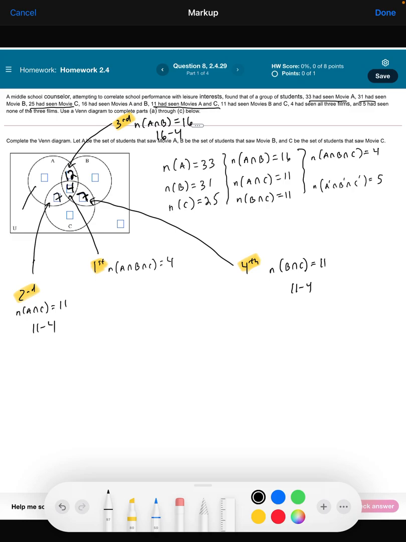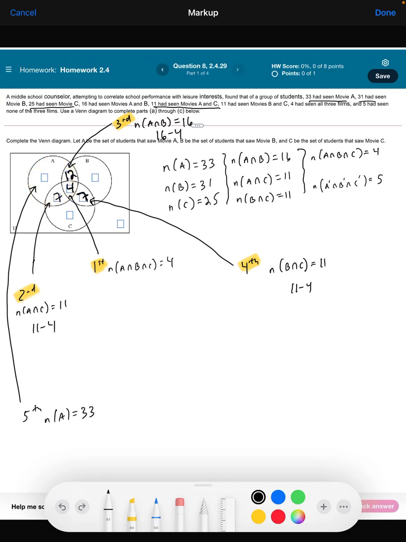All right, so now we're going to work with this one. This is our 5th step. That is A, and when we look at A, it is 33. Keep in mind that it means that everything in A is 33, right? So everything in here is 33, and we already have 3 of those numbers.